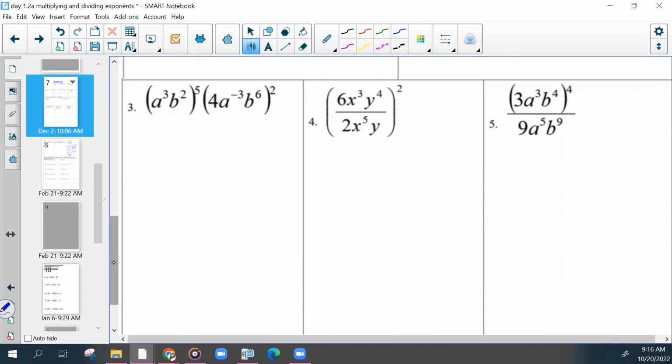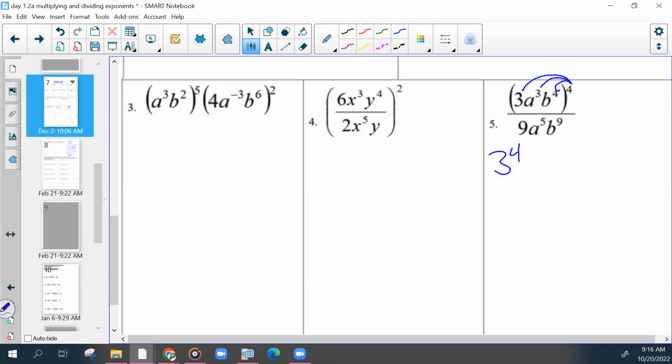What would be our very first step? The 4 to the exponents.